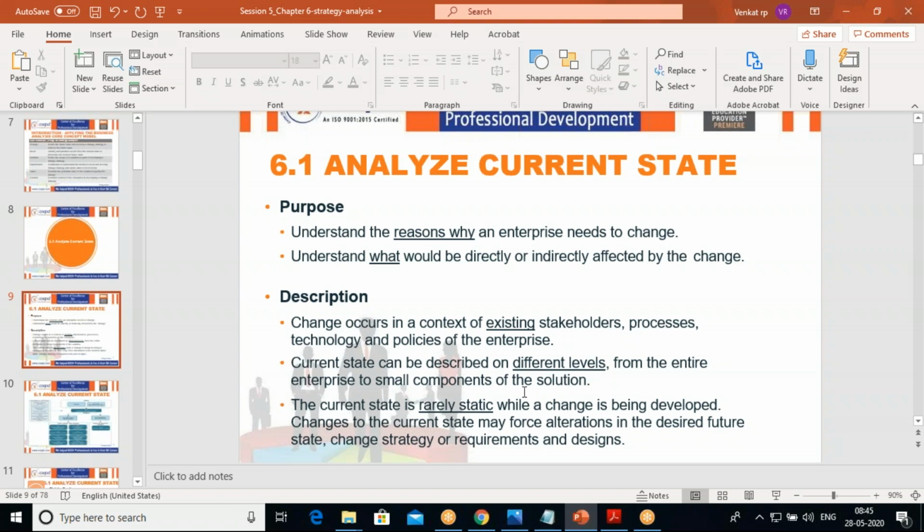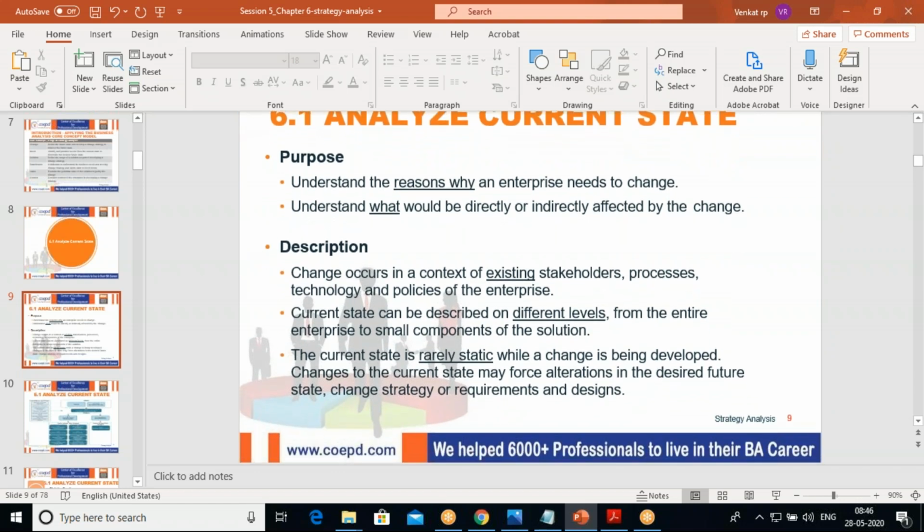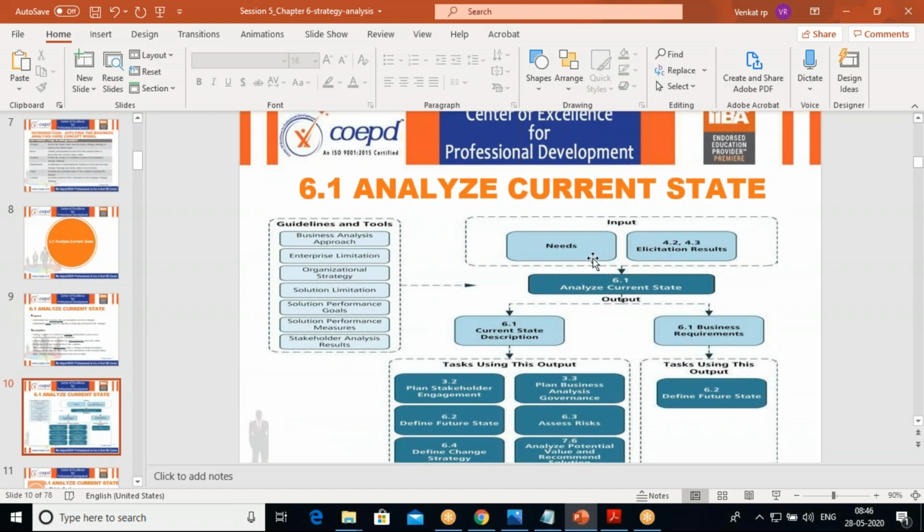Because of these changes in the current state, even the future state may be altered or influenced. So once you have declared the current state, it may not be final, because small changes may come into the picture every day. And if you see here, we take needs and elicitation results as the inputs, and we analyze the current state. The output is current state description and business requirements.